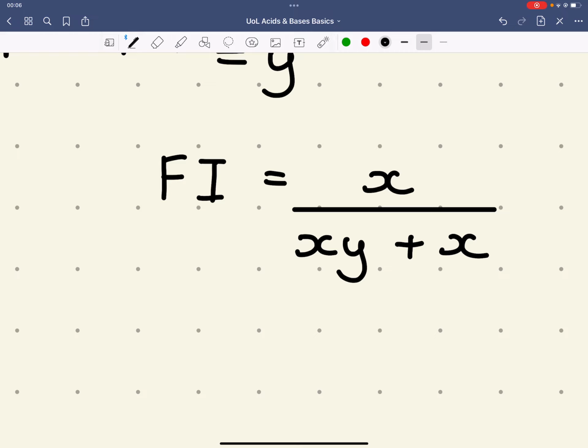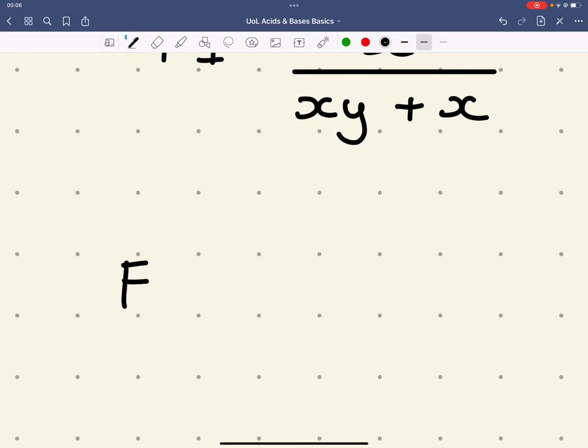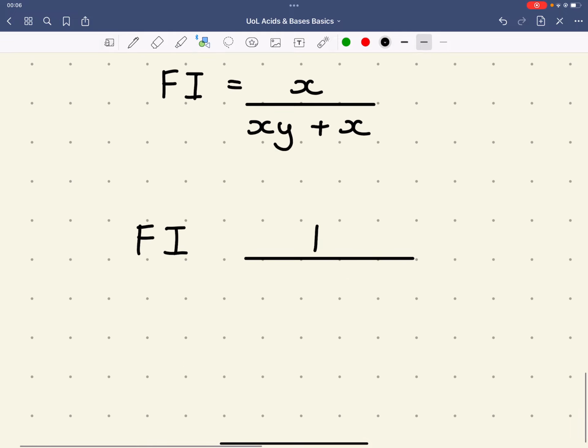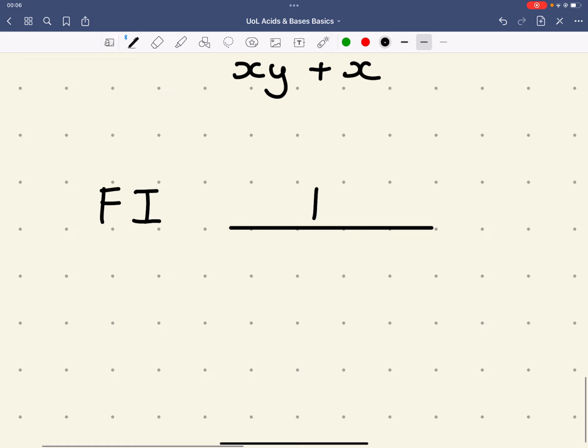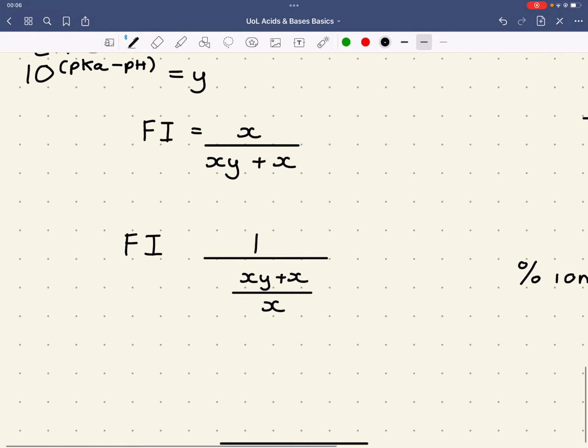Now, I can rewrite this to give me 1 over XY plus X over X. So in effect, if I flip these two round, I need to put it 1 over. Again, put some numbers in and try it if you don't believe me.